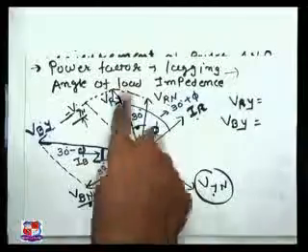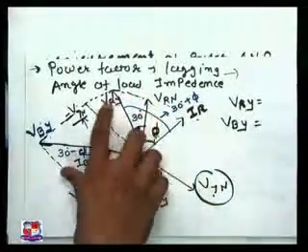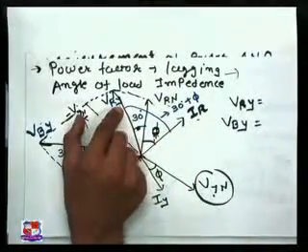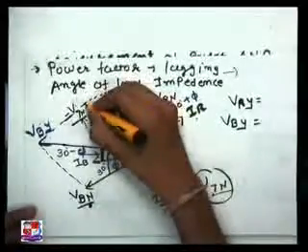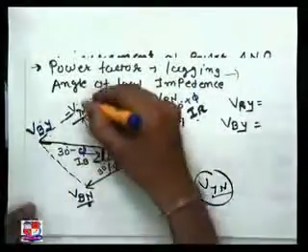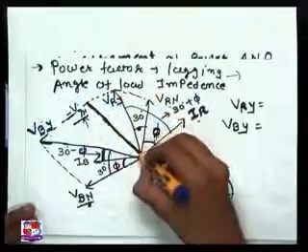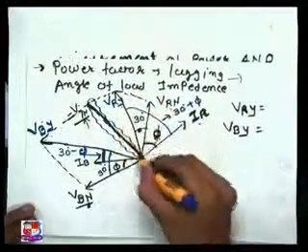VRY means the difference between VRN and VYN, or you can call it the sum of VRN and the opposite direction of VYN. So you can extend this line, the opposite phase of VYN.